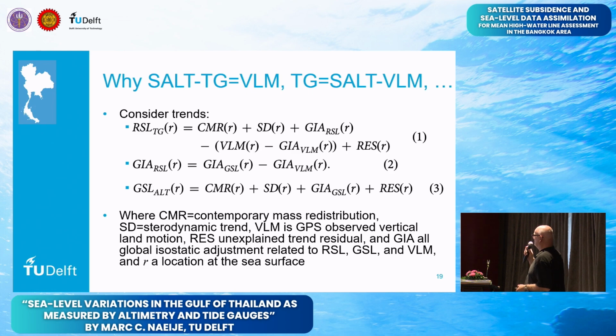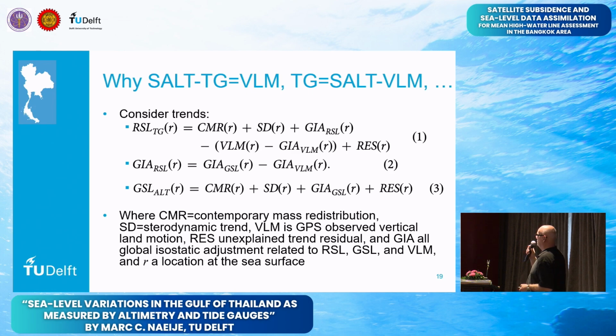Well, basically we can set up this RSL, the regional sea level from the tide gauge, and there are a lot of components here. One is the mass redistribution. We have some steric component.